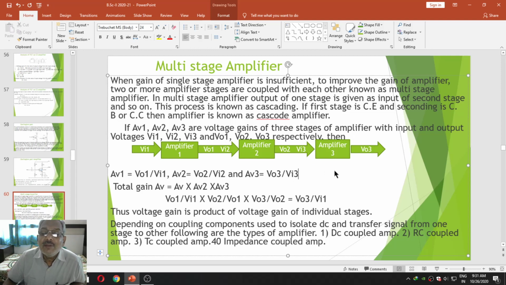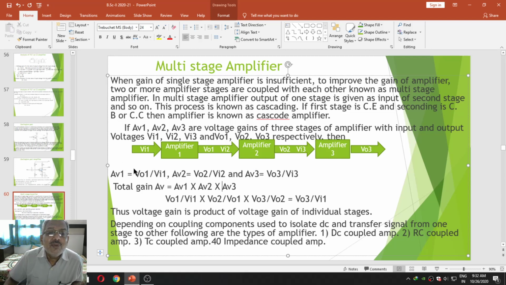Similarly, the gain of amplifier 3 is AV3 is equal to VO3 upon Vi3, but Vi3 is equal to VO2. Then we can get individual gain AV1 is equal to VO1 upon Vi1, AV2 is equal to VO2 upon Vi2, and AV3 is equal to VO3 upon Vi3. So the net gain is AV is equal to AV1 into AV2 into AV3.